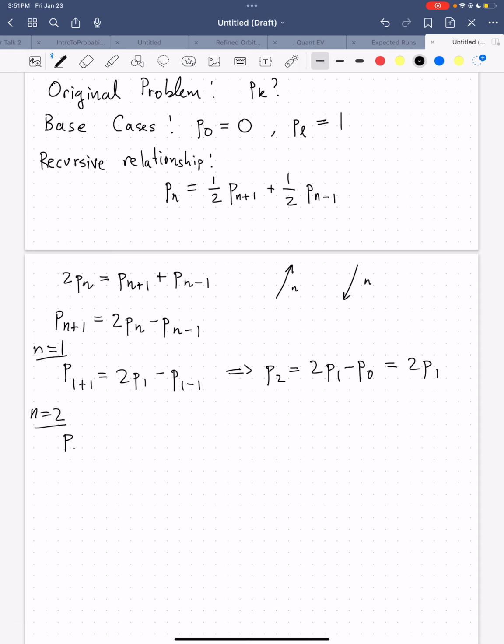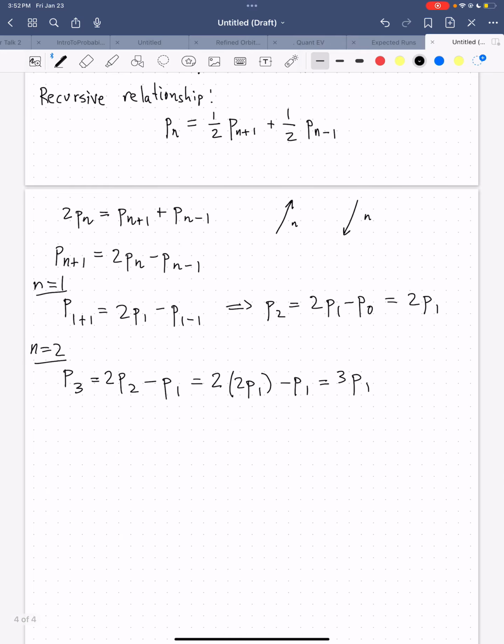So p3 equals 2p2 minus p1, but we can use the fact that p2 is 2p1. So this is 2 times 2p1 minus p1, which is equal to 3p1.